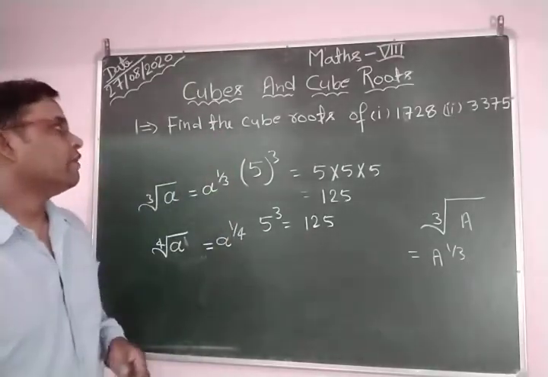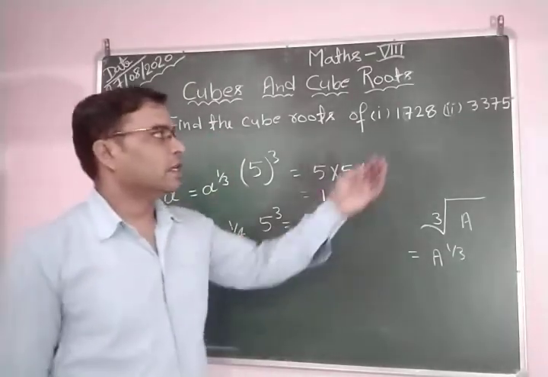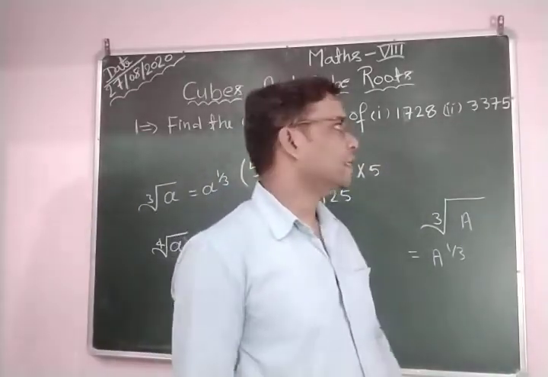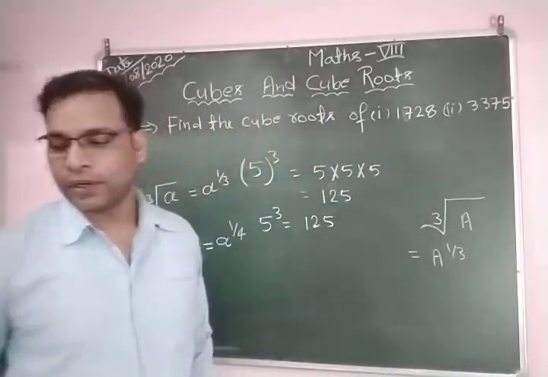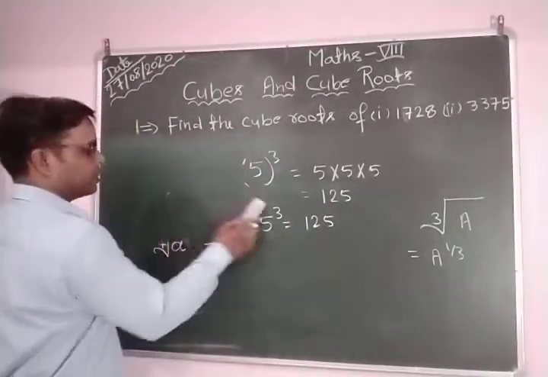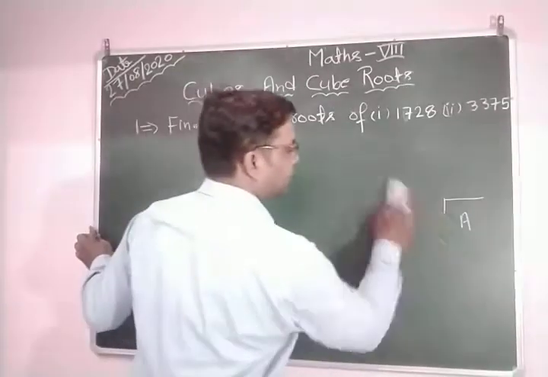Question number 1: find the cube roots of 1728 and 3375. So let's see how to solve this question. First you write here: solution of first part.